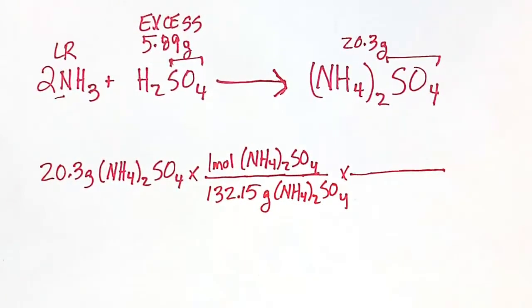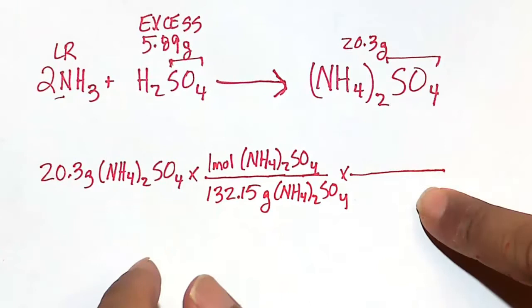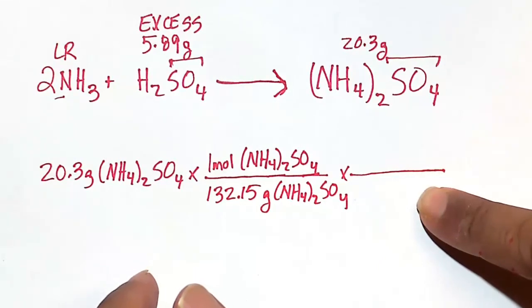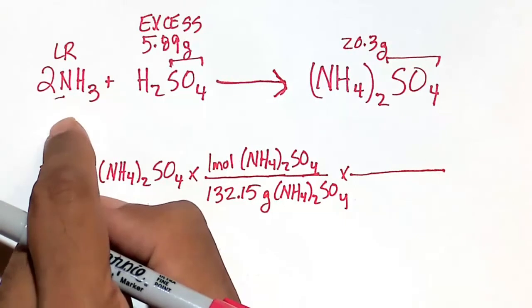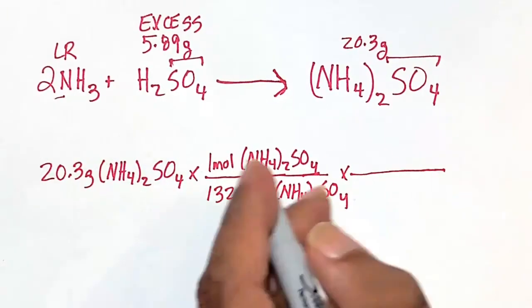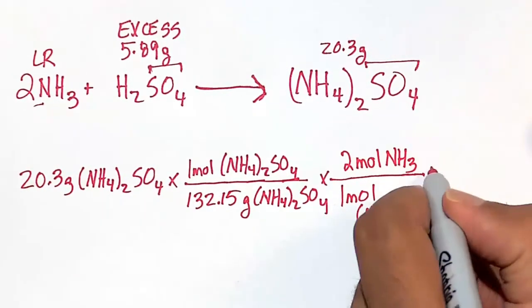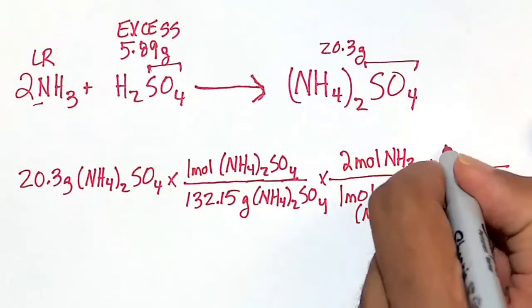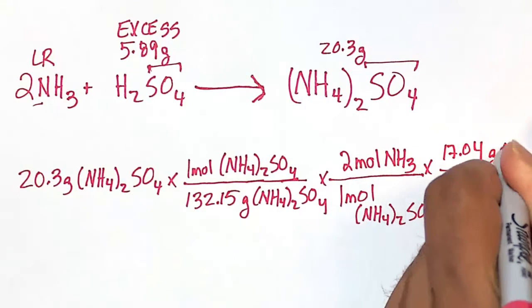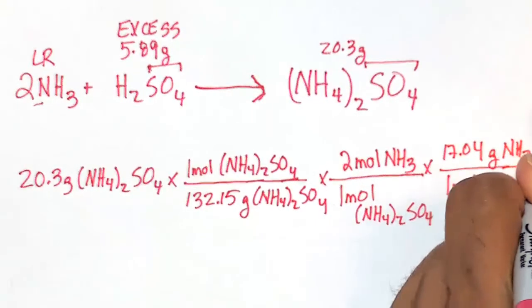All right. We know that for every 1 mole of (NH4)2SO4, ammonium sulfate, there is 2 moles of NH3. This is our limiting, because the problem tells us this is the excess. And for every 1 mole of NH3, 17.04 grams are contained in 1 mole of ammonia, NH3.